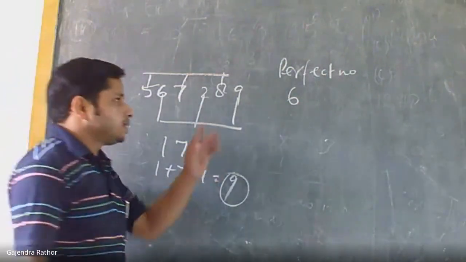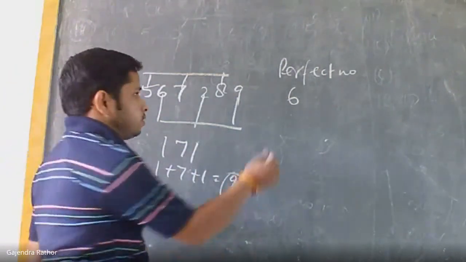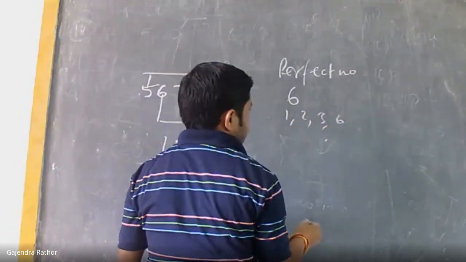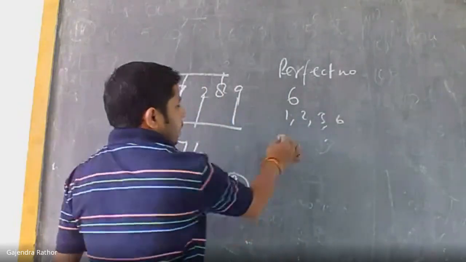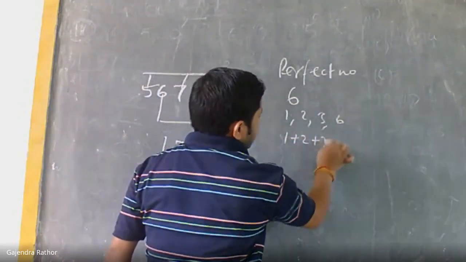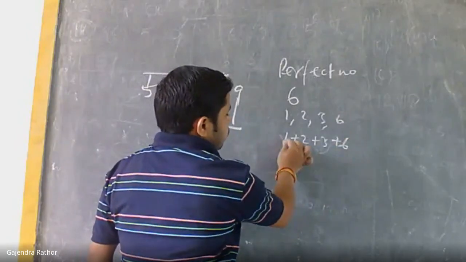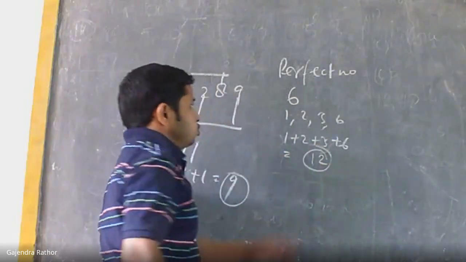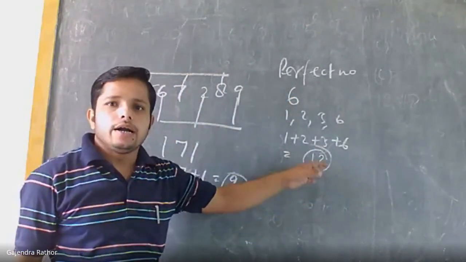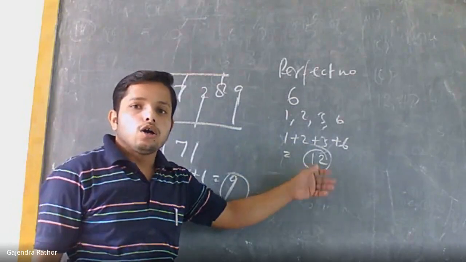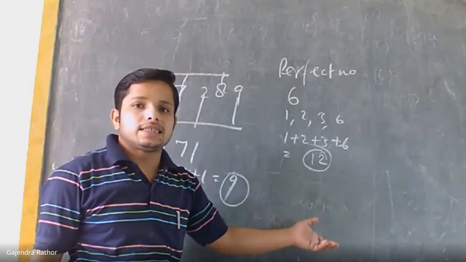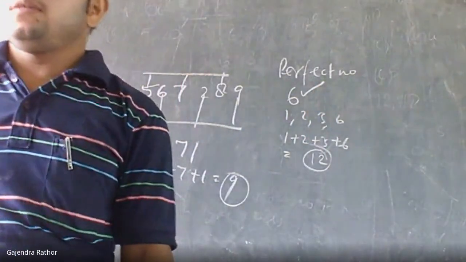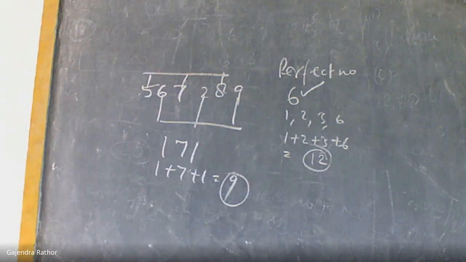For example, 6. What are the factors of 6? 1, 2, 3, 6. The sum of these factors: 1 plus 2 is 3, 3 plus 3 is 6, 6 plus 6 is 12. So 12 is the double of 6, or twice 6. So 6 is a perfect number.